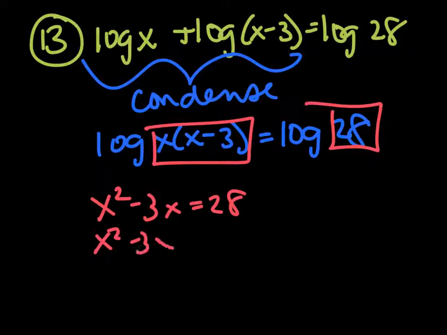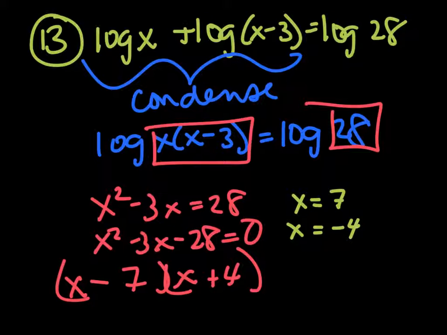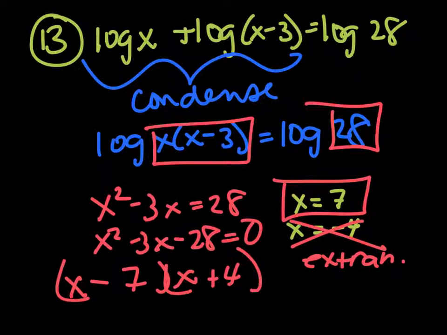Move it over. Factor. And that means my x's are going to be 7 and negative 4. And again, what do we have to do next? We have to plug them back in. If I plug in negative 4 here, I'm going to get a negative 7 and a negative 4 here. So this is going to be extraneous. Okay, so all I'm going to have is 7.